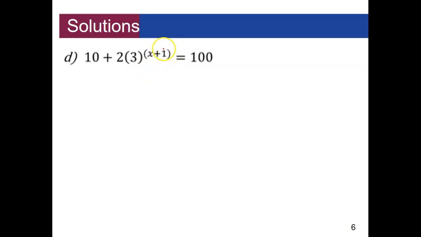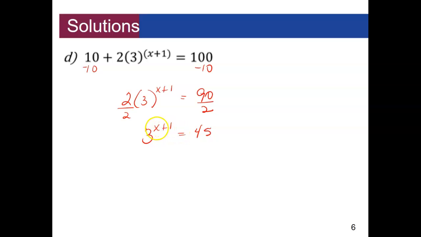Okay, next one, we have an exponential equation, so we want to isolate the exponential function here. First thing we're going to do is subtract 10 from both sides. Okay, next we're going to divide away the 2. And we know that to get this exponent to come down in front, we've got to take the log of both sides.